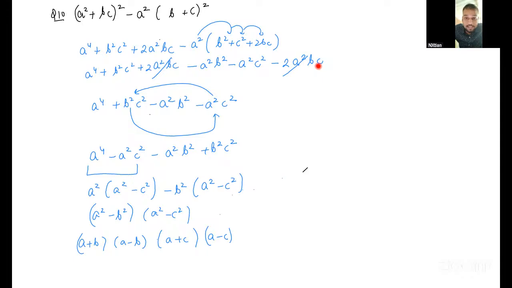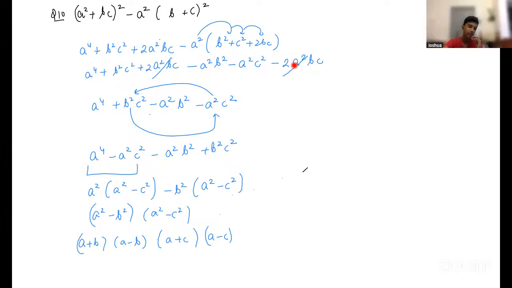Did you understand, guys? Now plus 2a square bc and minus 2a square bc will become 0, because they are the same. Understood?